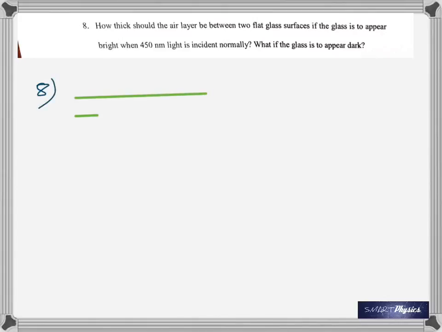That totally changes the situation. You've got glass, air, and then glass. So the first reflection is going from more dense to less dense, and the second one is going from less dense to more dense. You see how the situation has changed?